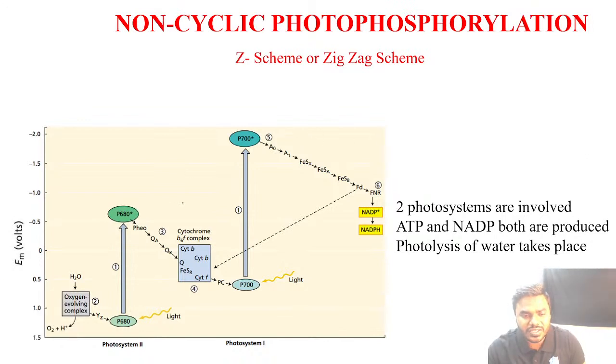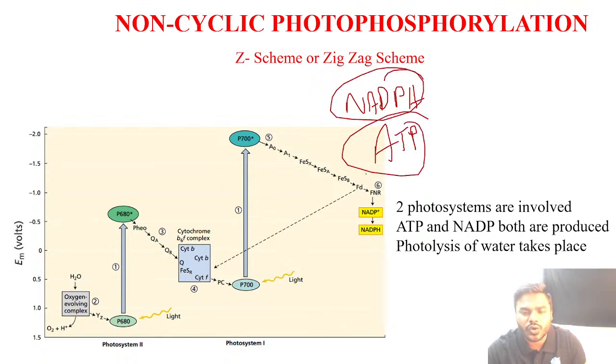In non-cyclic photophosphorylation, we can produce the NADPH and we can produce the ATP also. But so far, in this particular slide, we have discussed only the production of NADPH. And undoubtedly, in the non-cyclic photophosphorylation, ATP is also going to get synthesized.